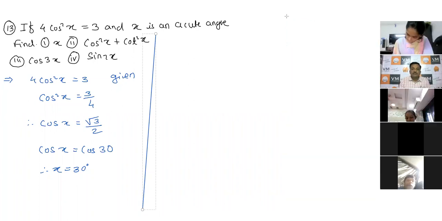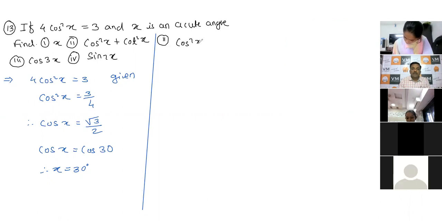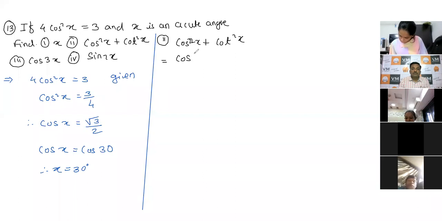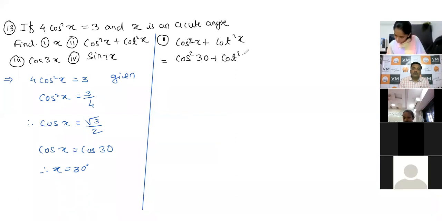Second one, cos square x plus cot square x. That means cos square 30 degree plus cot square 30 degree. What is cos 30? Root 3 by 2. And cot 30 is root 3.